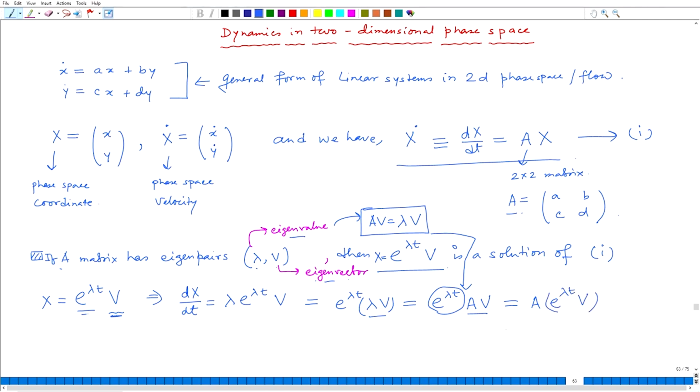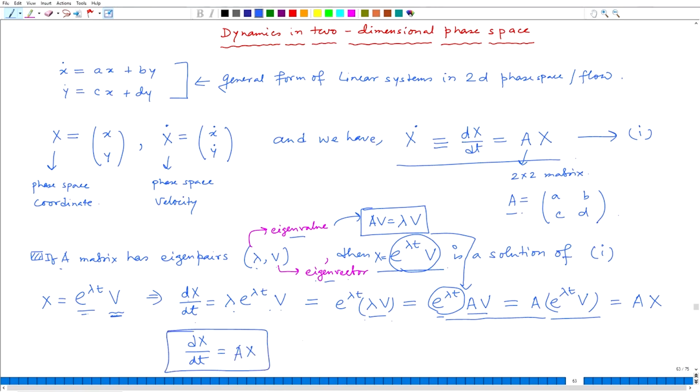And then, if you start by saying that dx dt is equal to this, through all these steps you finally get A times x. So basically this is a solution of an equation which looks like dx dt equal to A times x.